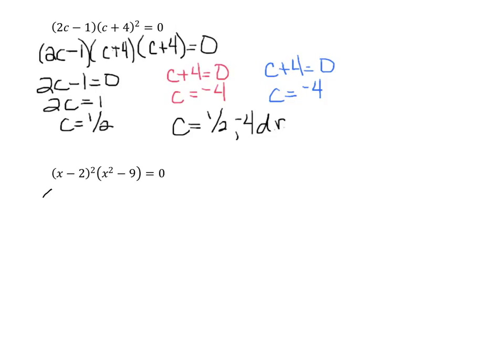We have x minus 2 squared, and then here, that's a difference of squares. Remember when I told you you had to know how to factor? This is why. So our difference of squares is x minus 3, x plus 3.